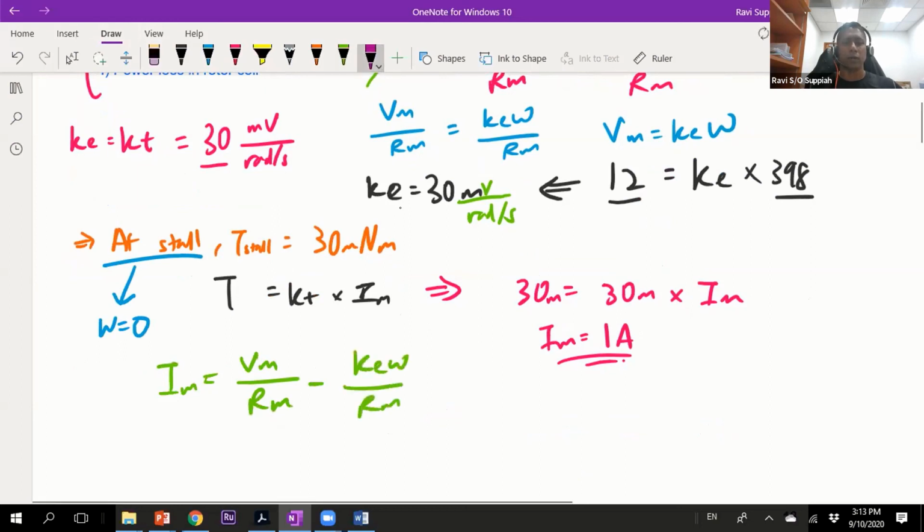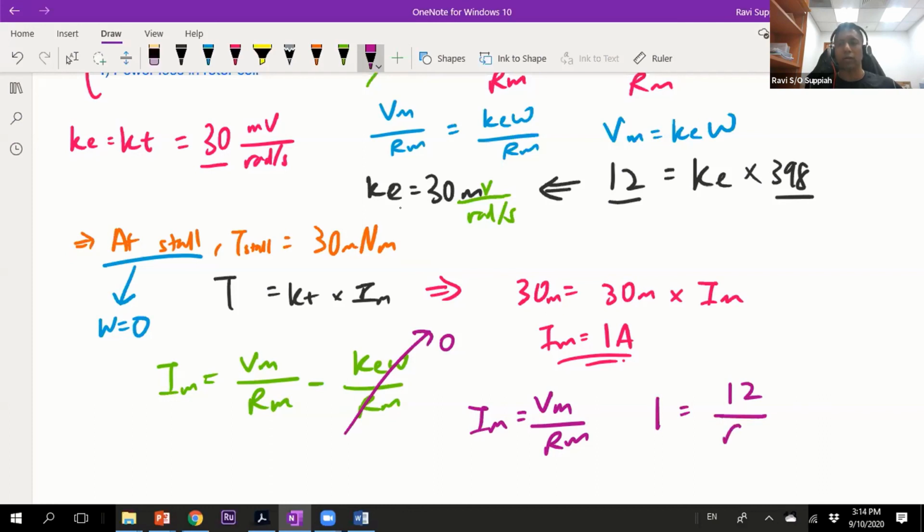Now omega is 0 means this whole thing is 0. So what you have left is Im equals Vm over Rm. In this case, the current is 1, the voltage is 12, over Rm. So Rm is equal to 12 ohm.